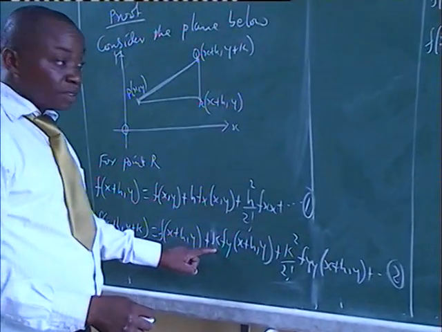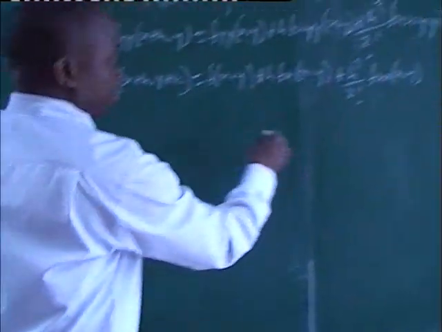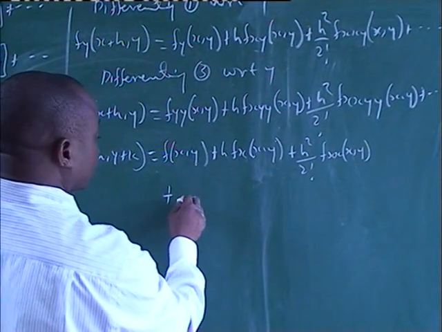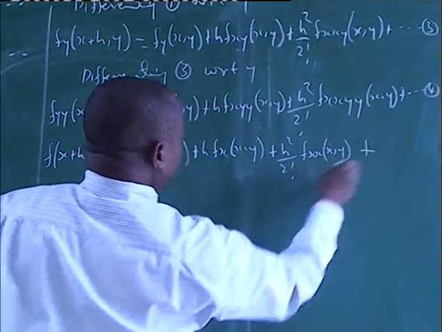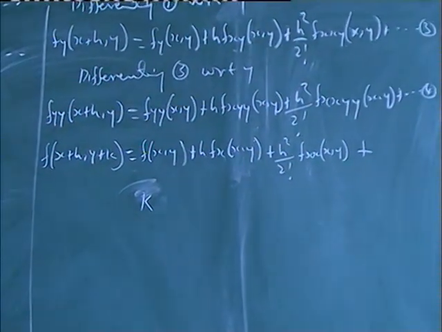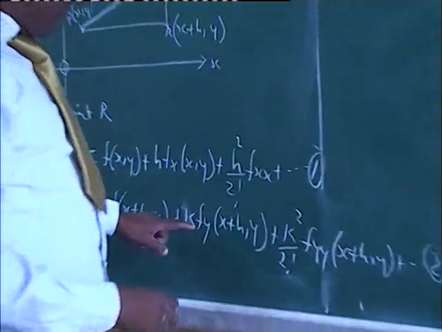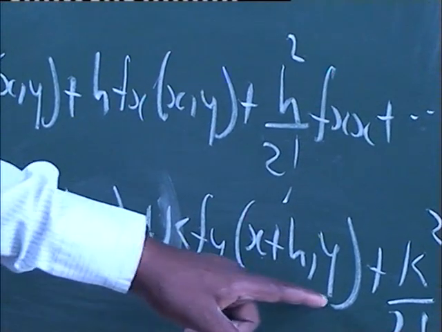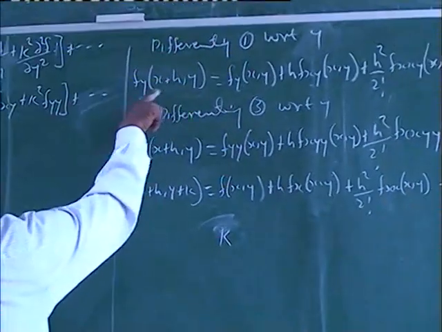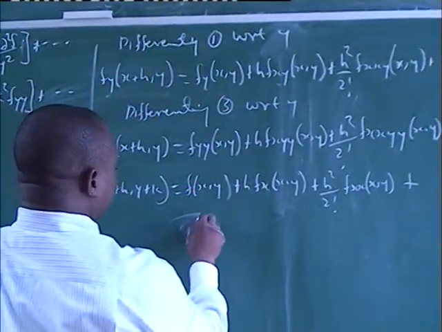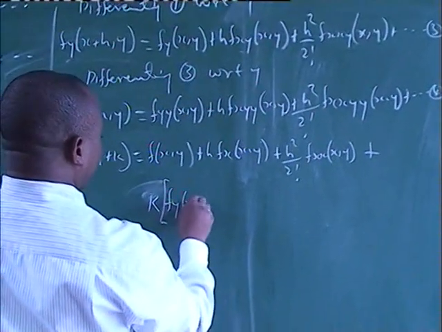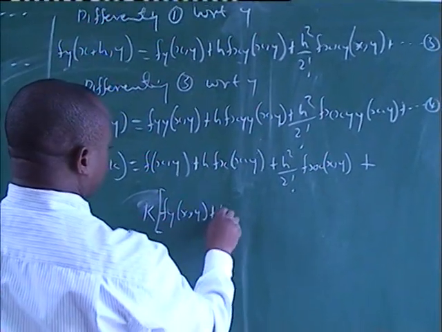Plus k. See k here. And then we look at partial f partial y. Which function is this particular function? Look at the function here. So we put that, which gives us partial f partial y of x plus h, y.